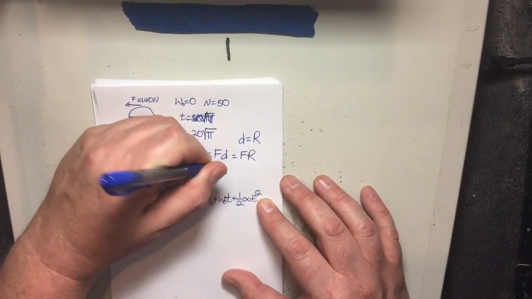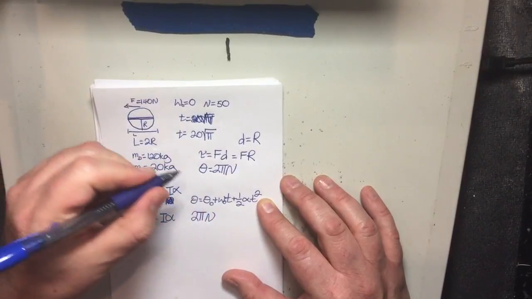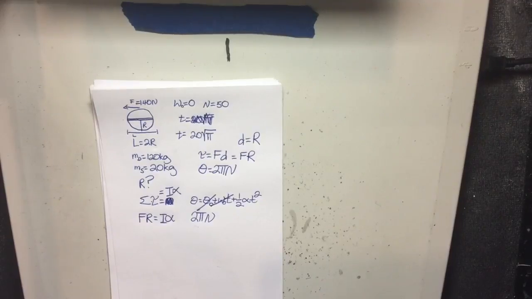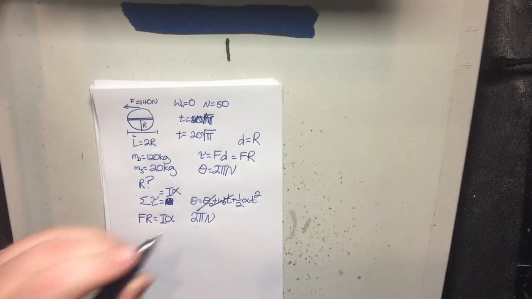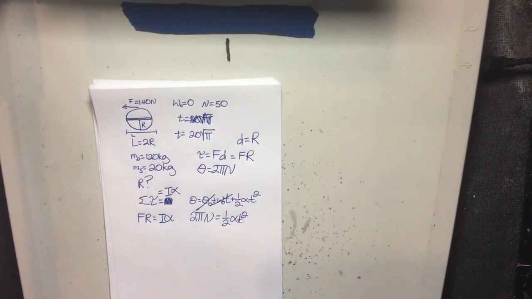Theta is equal to 2 pi n. Theta naught and omega naught are both 0. Theta naught is always 0. There's only one case in a lecture where it's not going to be 0, and you won't be tested on that particular part. Omega naught is 0 because it starts from scratch, which leaves you with 1/2 alpha t squared. I'm only interested in finding R. I do not care about alpha.